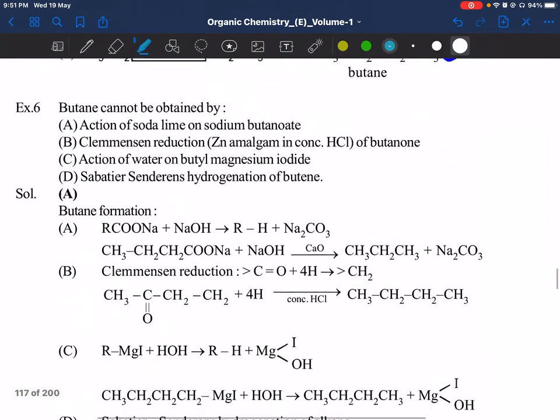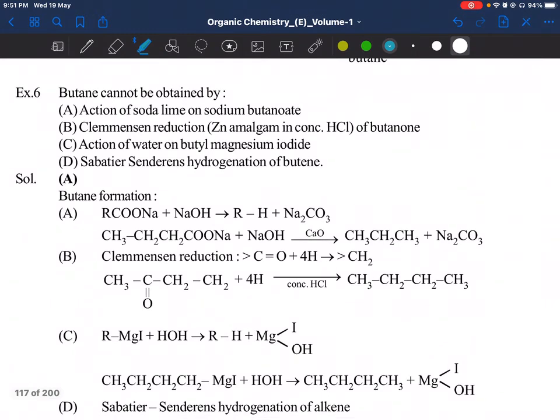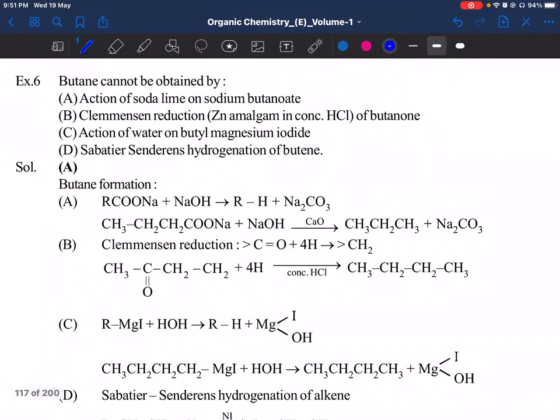And next, butane cannot be obtained by the action of soda lime on sodium butanoate. It is a very good reaction here: decarboxylation. It is an example of decarboxylation.